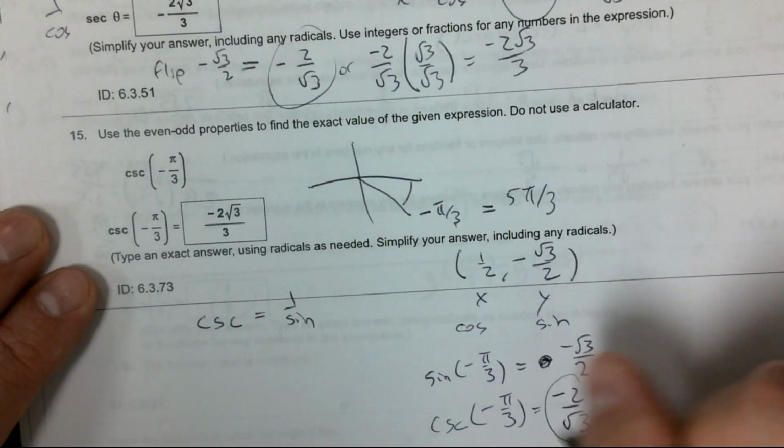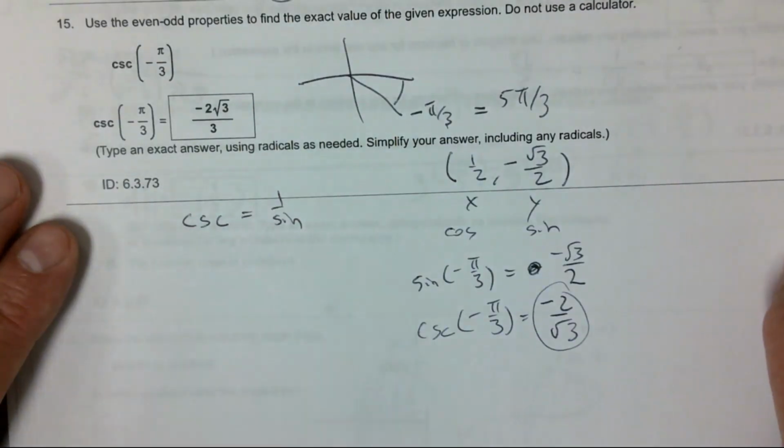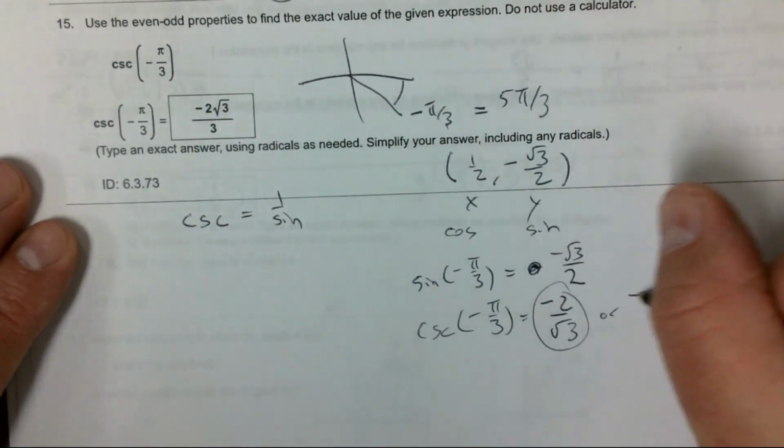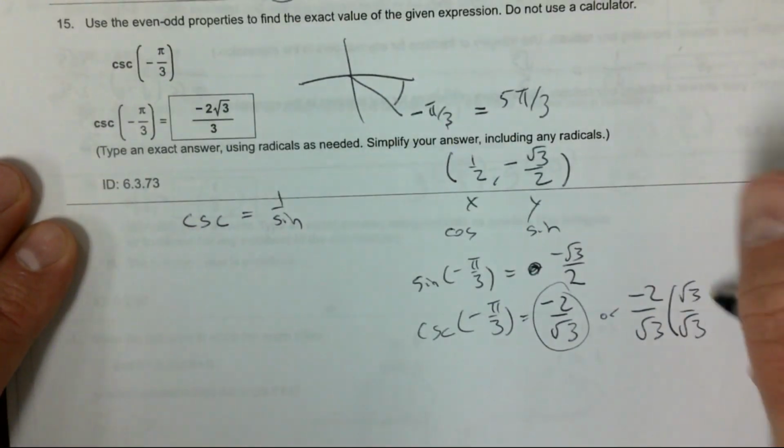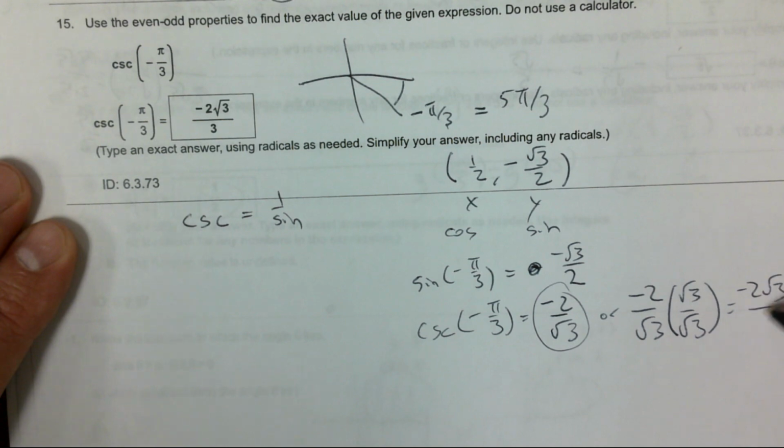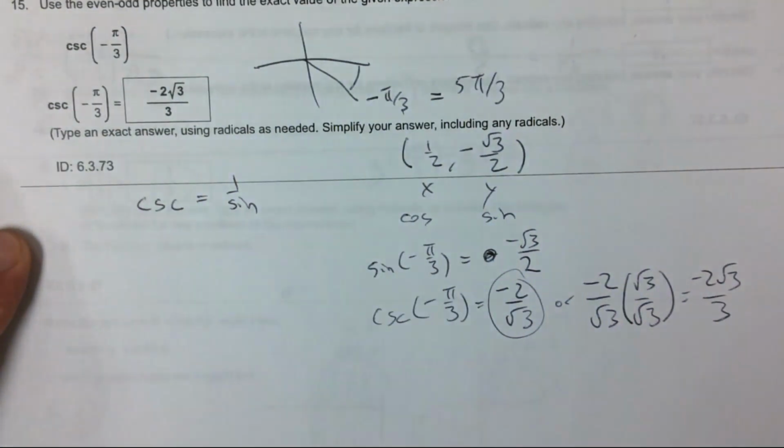And again, I'd answer it that way. Or you can have negative 2 over square root of 3 and rationalize. So you get negative 2 square root of 3 over 3. And that's what they got.